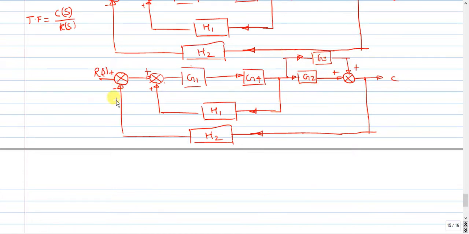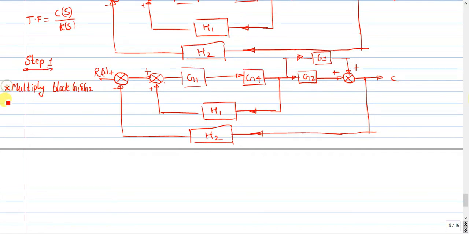Now in step 2, before writing the next block, if you highlight your steps, like step number 1, here what I will do is multiply blocks G1 and G4, because these two are in series.